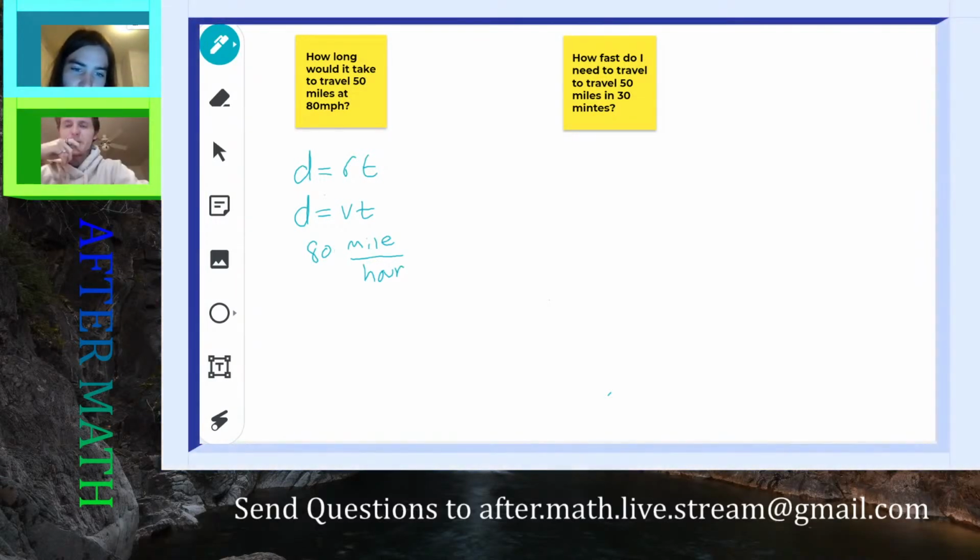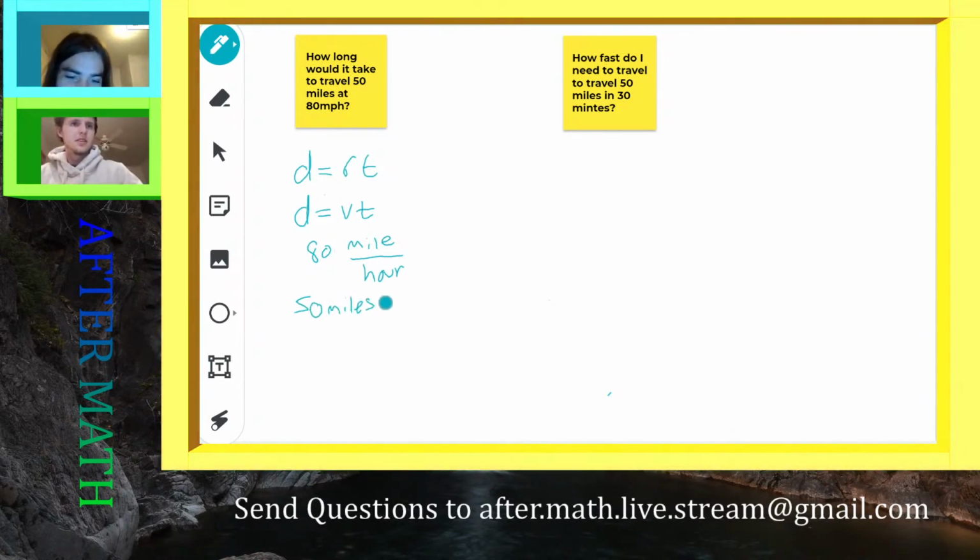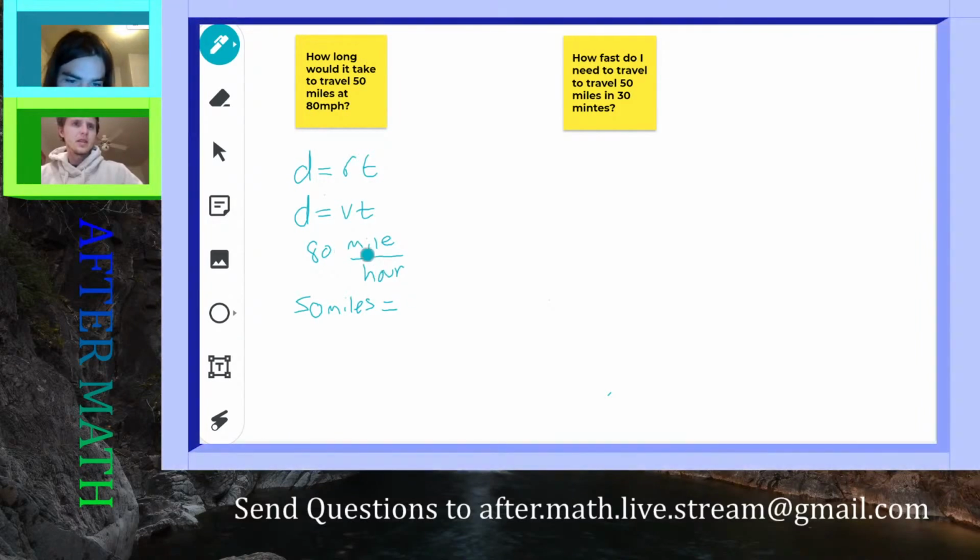It says how long would it take to travel 50 miles at 80 miles an hour? So our distance is going to be 50 miles, and this is equal to our speed, which is 80, times t, our time.